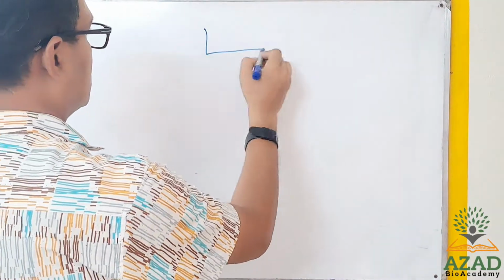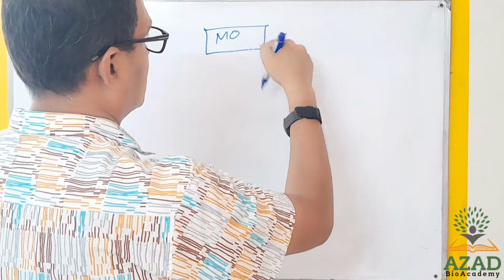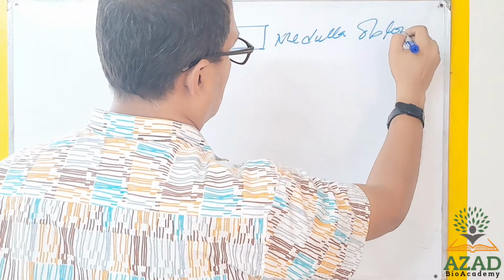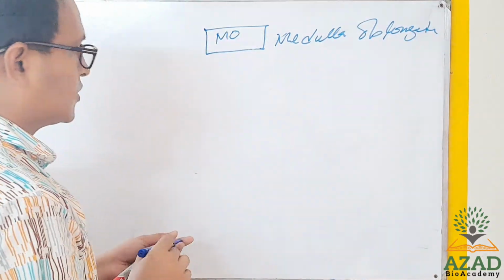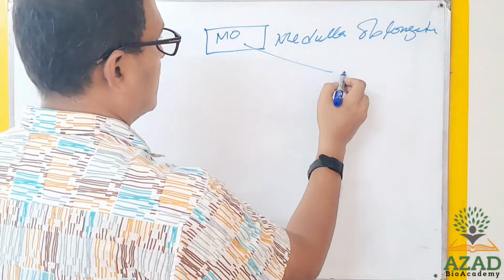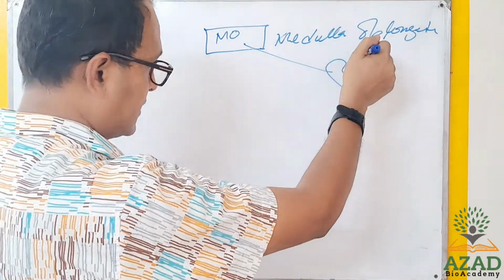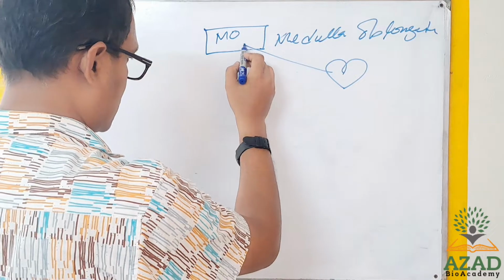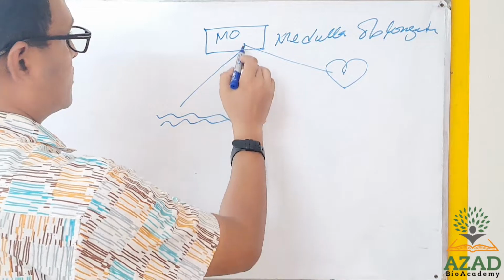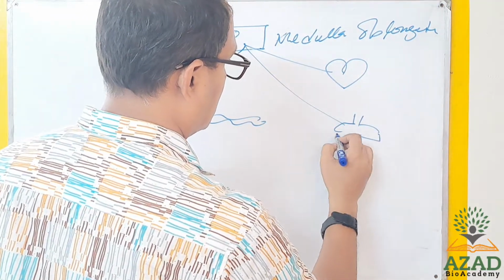So suppose this one is your medulla oblongata. Okay, so this medulla oblongata is directly connected with your heart, actually the carotid sinus and aortic arch in that area, and it is also connected to your blood vessel, and it is also connected to your lungs.